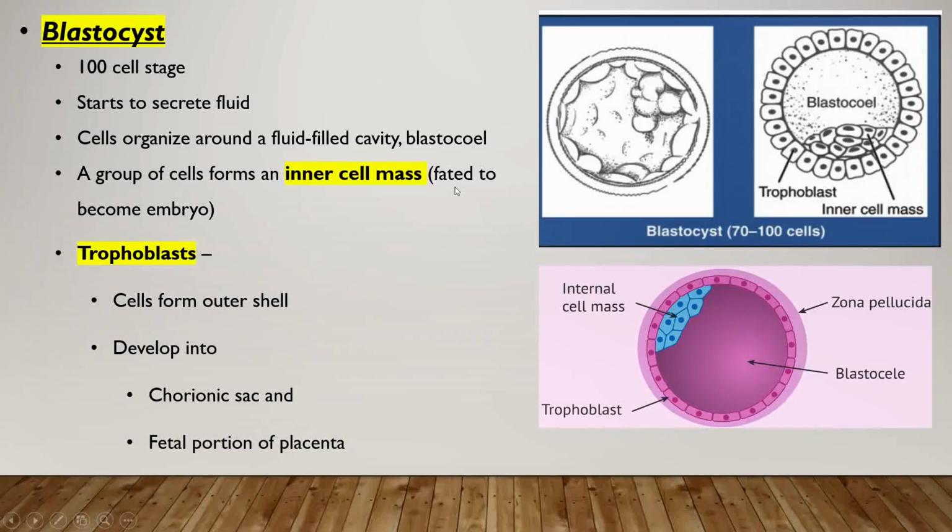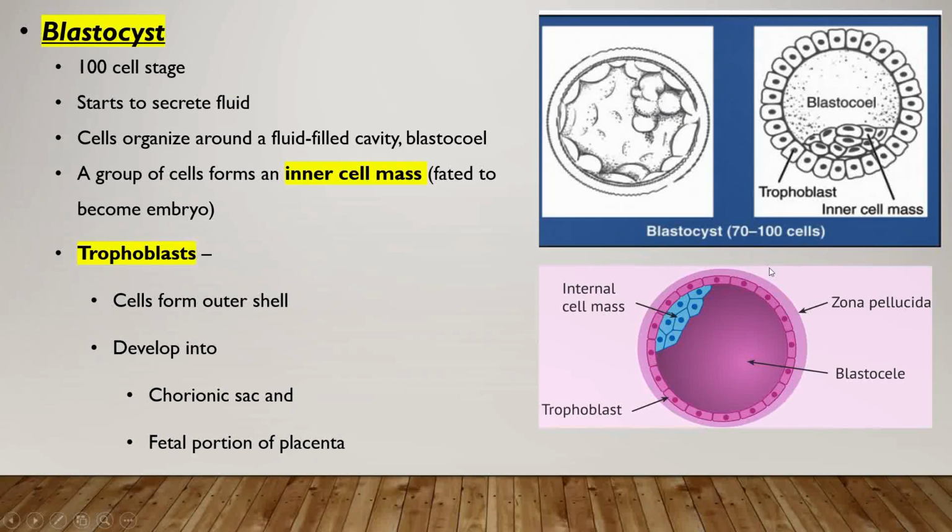Now the few cells which are going to form the embryo will form the inner cell mass, and the cells which are forming the outer shell are known as trophoblastic cells, and they are going to form the chorionic sac and the fetal portion of the placenta.